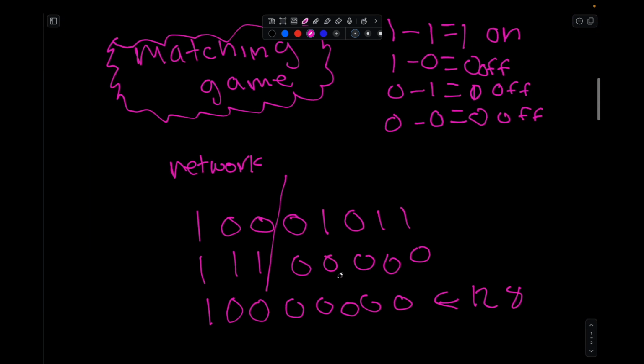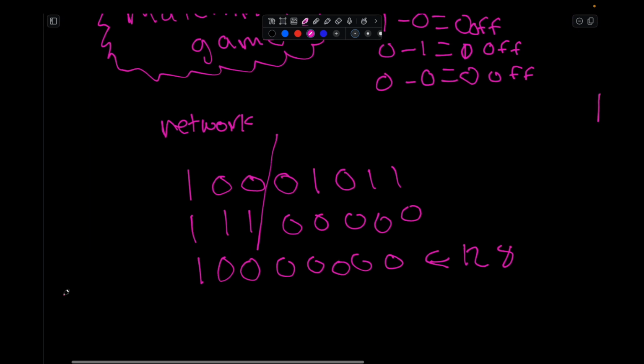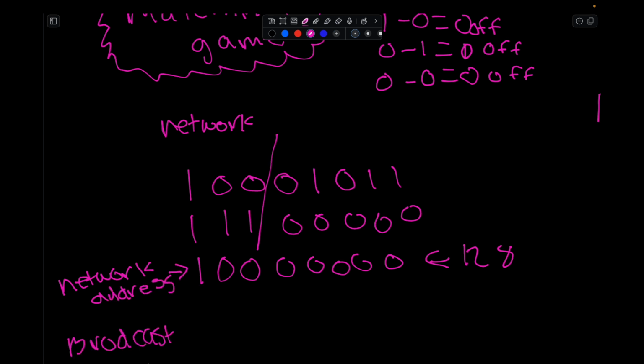We go back over here. Alright, and for our broadcast, we're going to look at this part now. We're going to bring down our network portion. We already figured that out. Now we're going to look at our broadcast.